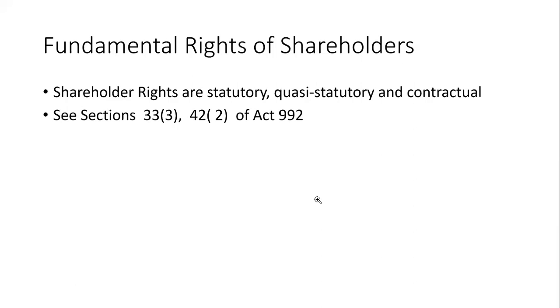So typically, we have the Companies Act, for example, Act 992, and from section 1 up to the end, in various ways, you get various rights for shareholders. And we also said quasi-statutory. Here, I'm referring to where the company has adopted a registered constitution.